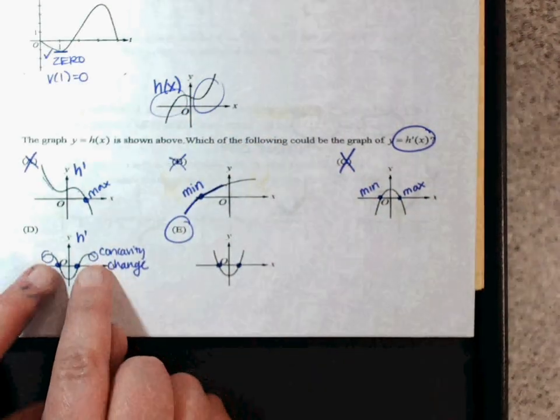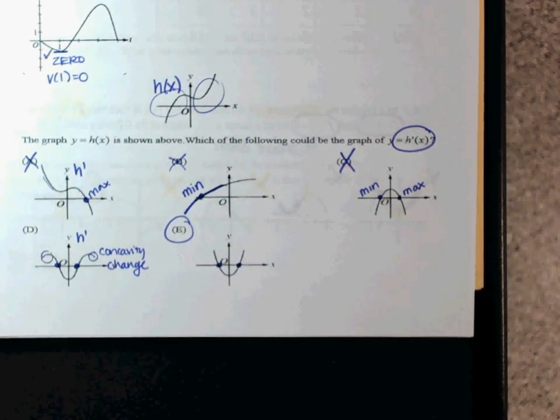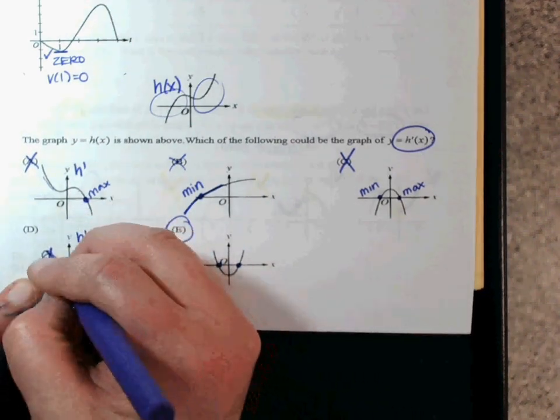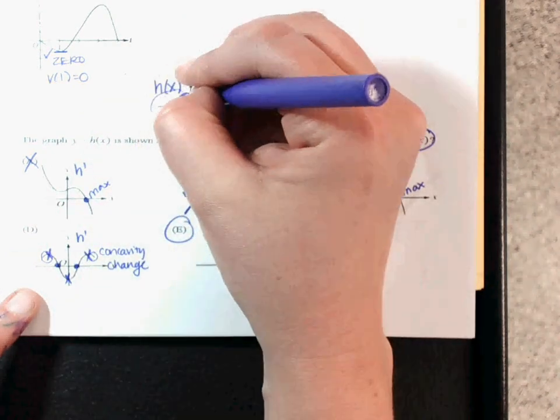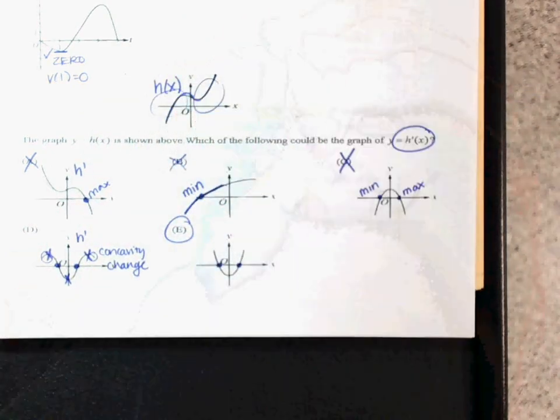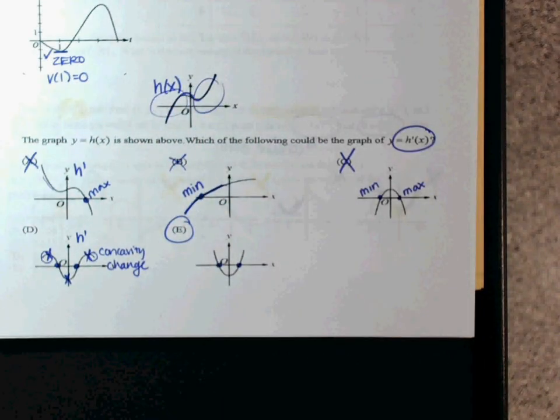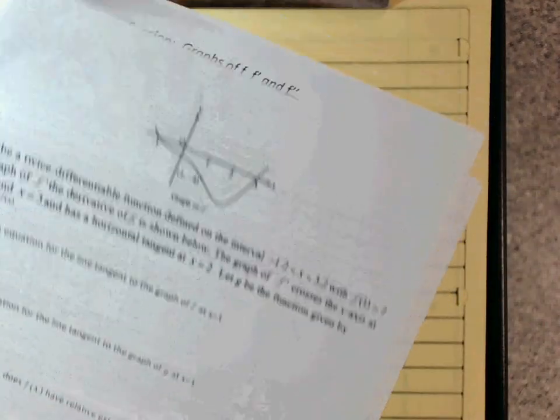So if my ends are going to change direction, think about these would be like your x's where your concavity changes. And I only have one change. It goes from concave down to concave up. It doesn't change 3 times. Okay? All right, so let's rewind back to the one that we skipped.